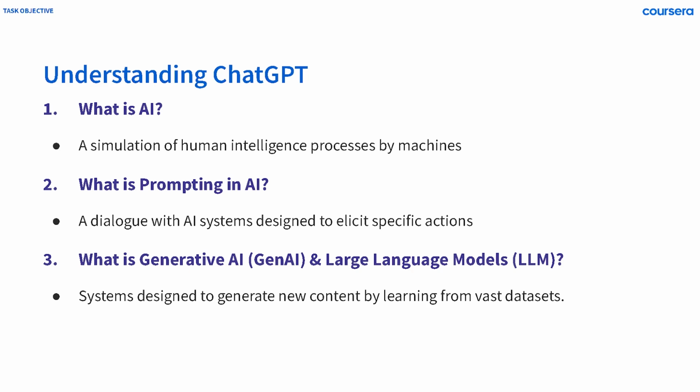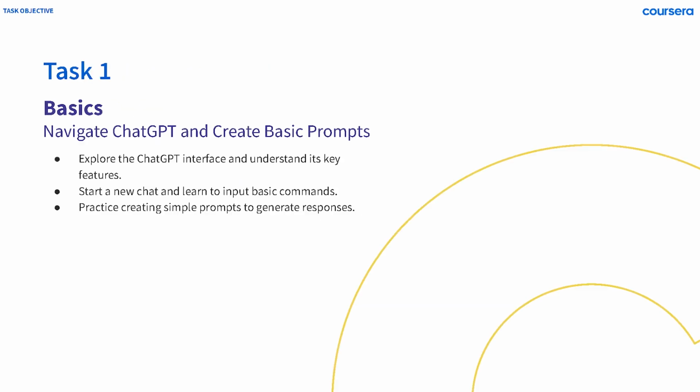Generative AI is designed to generate new content, and in the case of a large language model, that content is human language. Despite being called generative AI, its true power lies in its transformative abilities, particularly in transforming and refining content. We will explore what this means as we progress in the video.